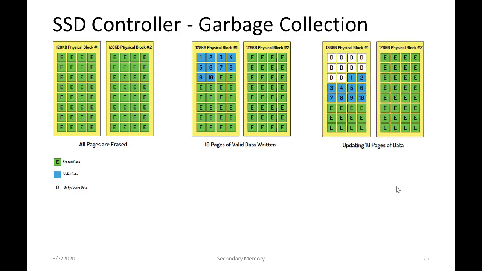Now let's say the host has again updated the same 10 pages. Just like the previous example, we cannot reuse the first 10 pages. So the SSD controller picks the next 10 free pages, which are 11 to 20 here, and writes to them, and the first 10 pages are in invalid or dirty status.